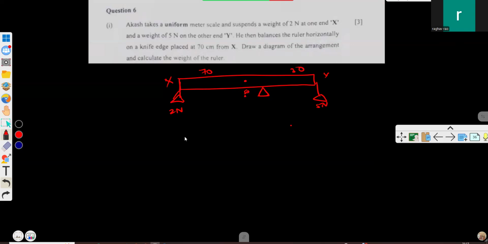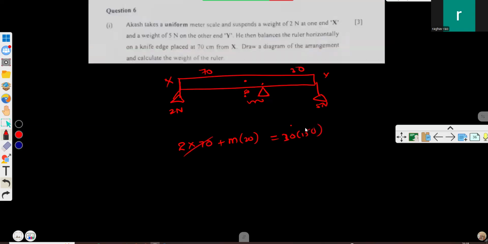So 2 Newton is present at 70. So 2 into 70, plus the weight of the ruler, which is present 20 from the fulcrum or pivot, so mass of the ruler into 20, is equals to 30 into 5.